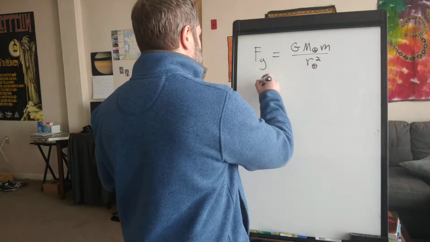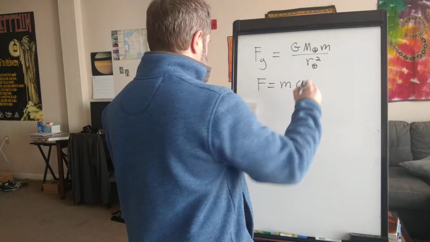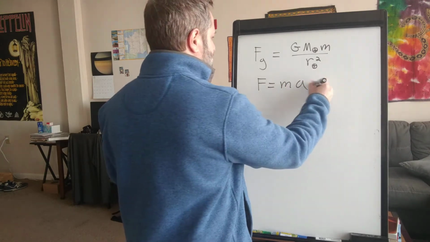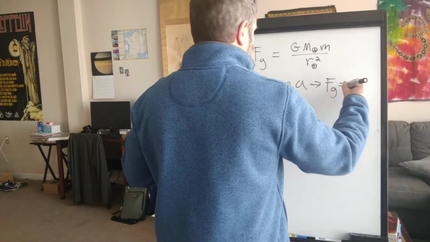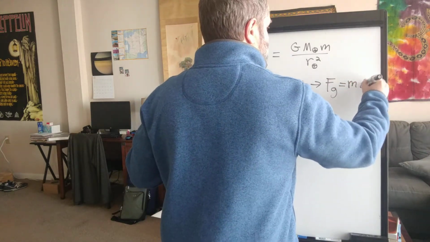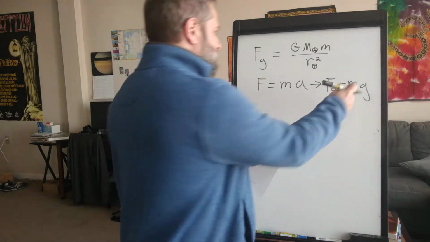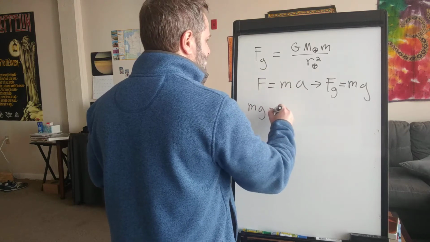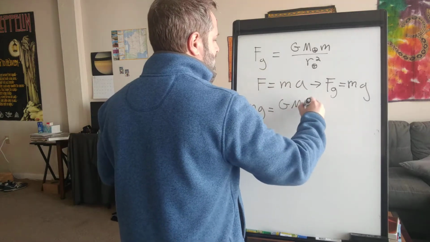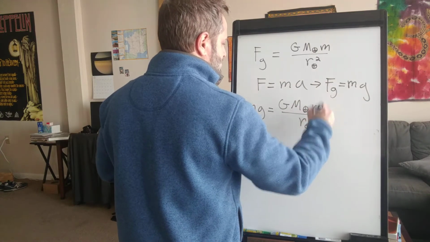So we know from Newton, force equals mass times acceleration. So force of gravity is equal to mass times acceleration due to gravity. And so we just plug that in here. Mass gravity, gravity, mass, radius squared.